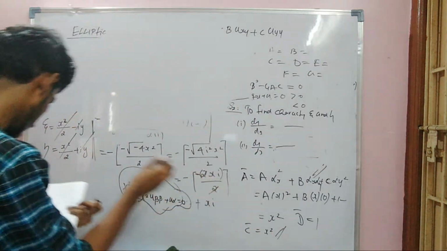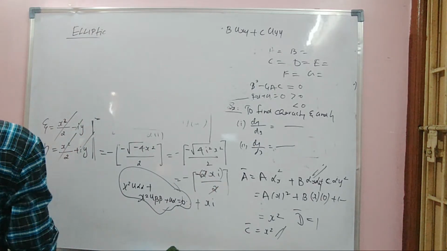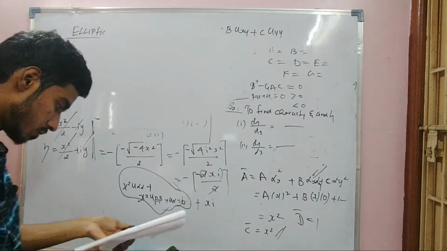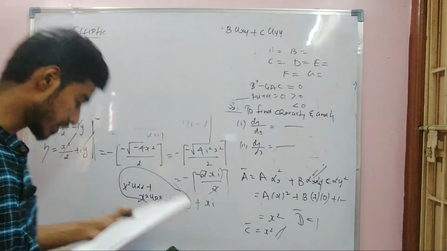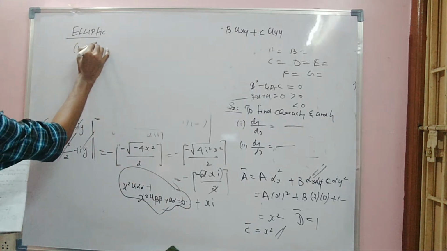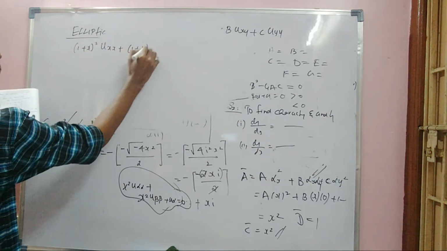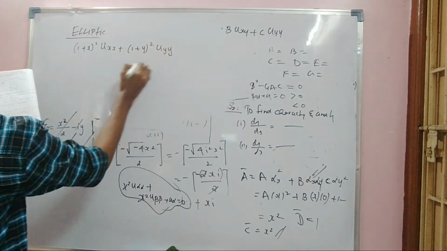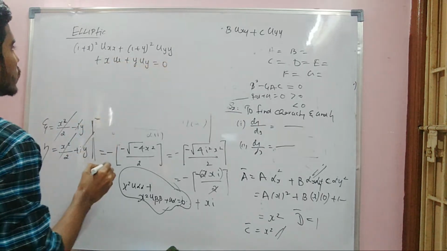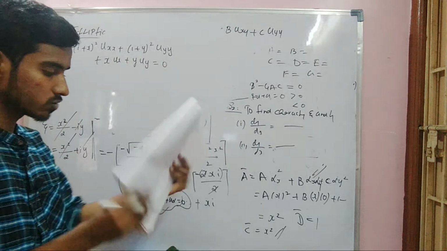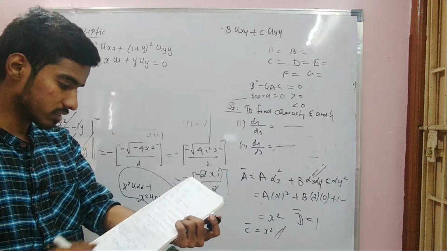So the question is: 1 plus x whole square u xx plus 1 plus y whole square u yy plus x into u x plus y into u y is equal to 0. I'll send the solution as a photograph.